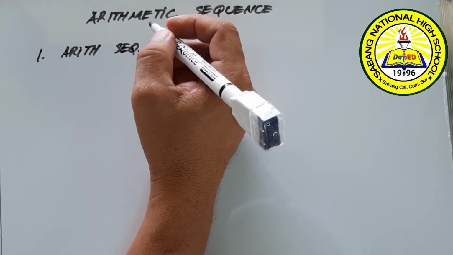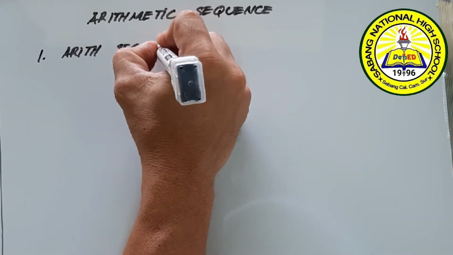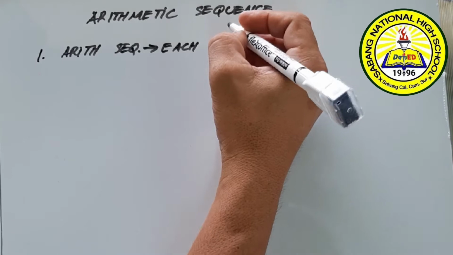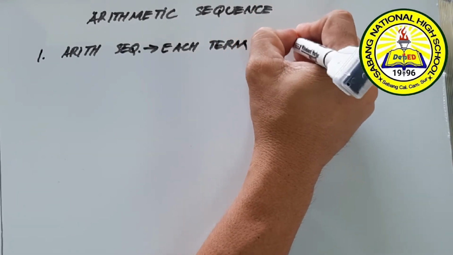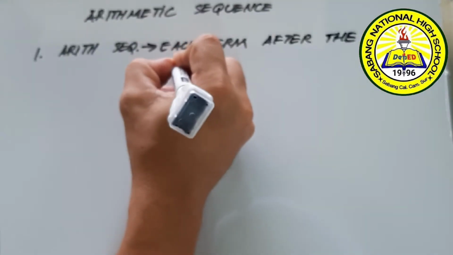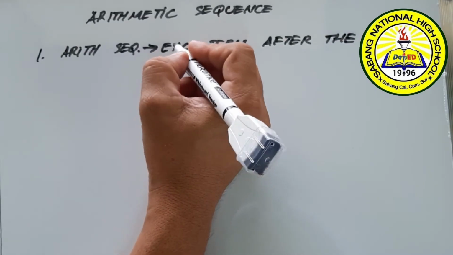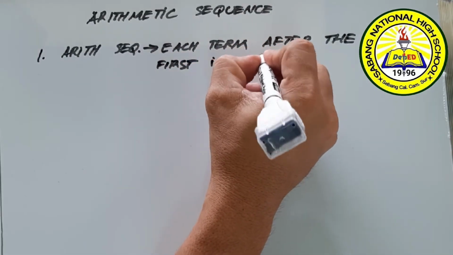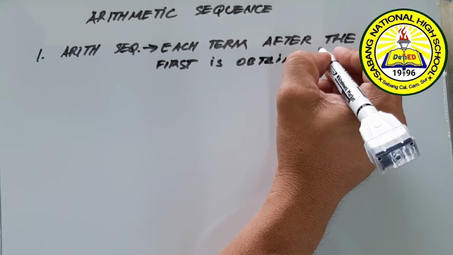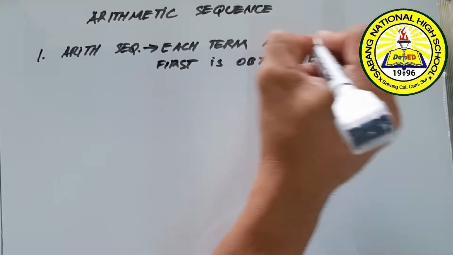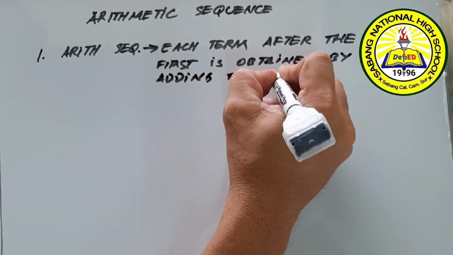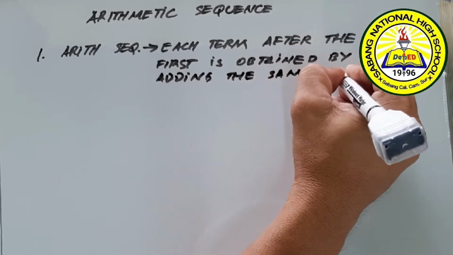Arithmetic sequence is a sequence where each term after the first is obtained by adding the same constant.